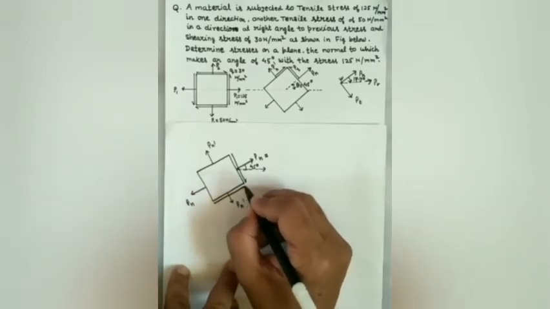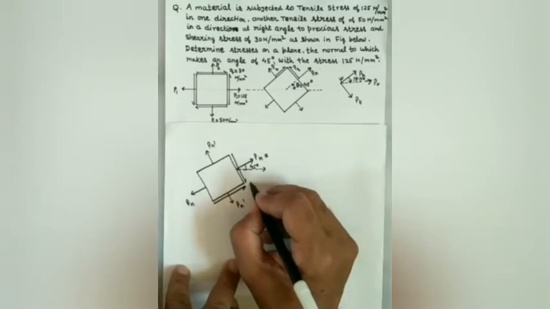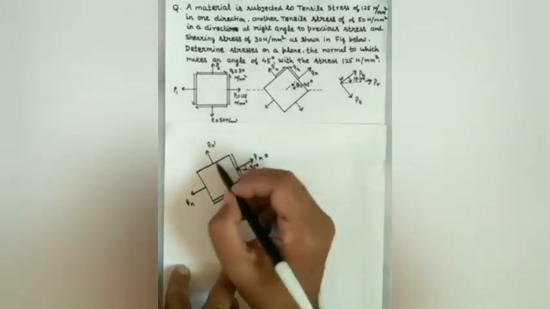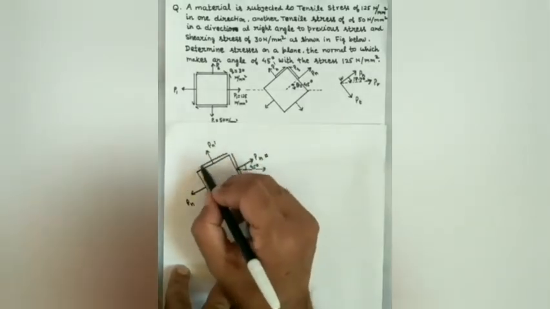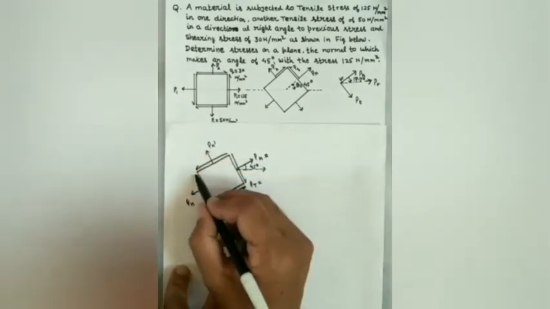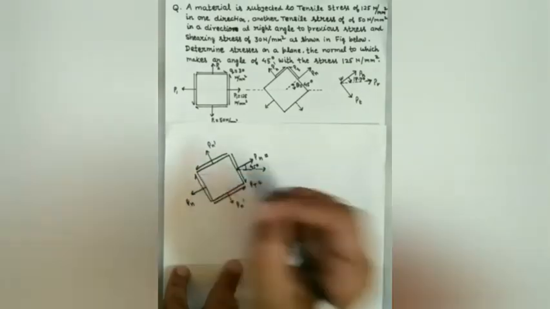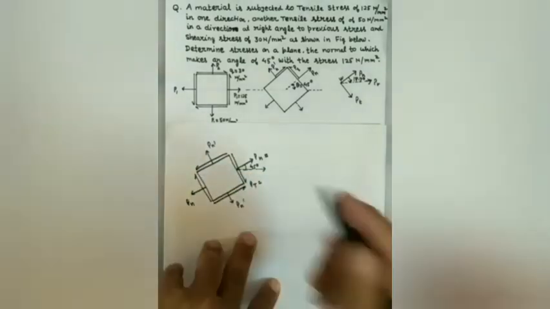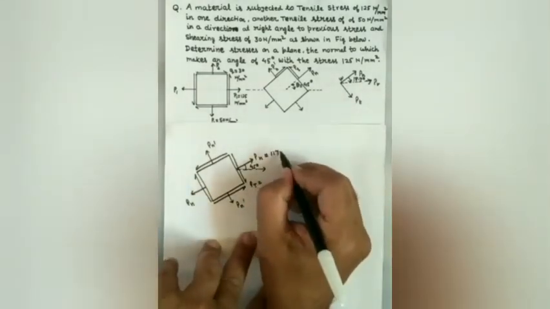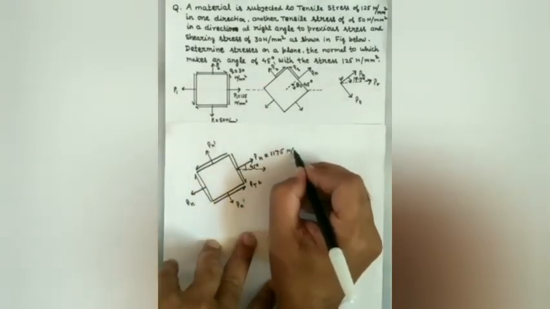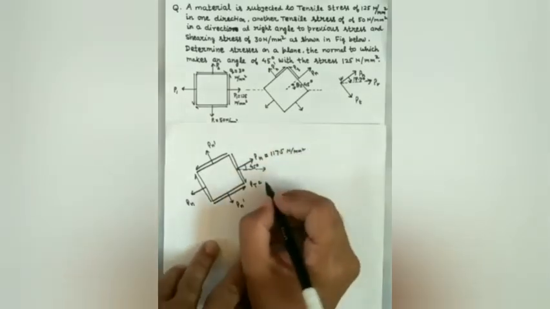So on the other face the direction of shear stress will be like this, and similarly on other faces the tangential or shear stress will be like this. Pn is equal to 117.5 Newton per mm square.